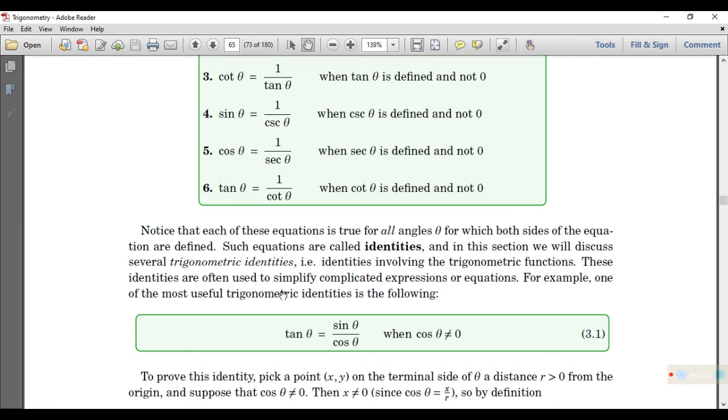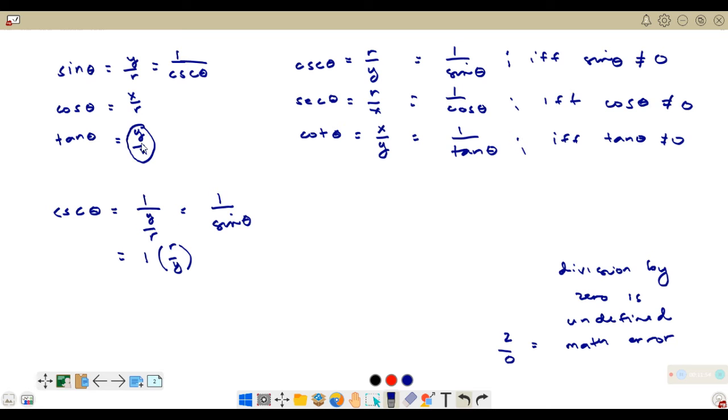Kasi kahit na halimbawa, nagkaroon tayo ng 0. Kailan nagkakaroon ng 0? Halimbawa, 0 yung measurement ng angle natin. This is still valid. So, meron ka pa ring x, which is equal to any value of x, which is also equal to r.